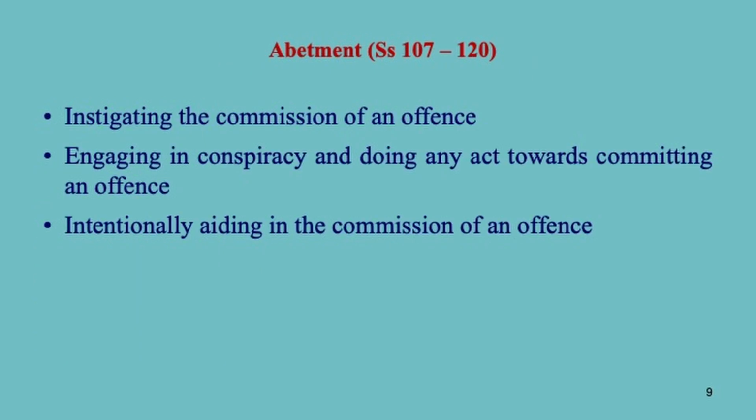Chapter 5 deals with abetment by instigation, conspiracy, and aid, wherein a person is punished for provoking another person to commit a crime, or for engaging in conspiracy with another to commit a crime, or for intentionally helping another in the commission of a crime.